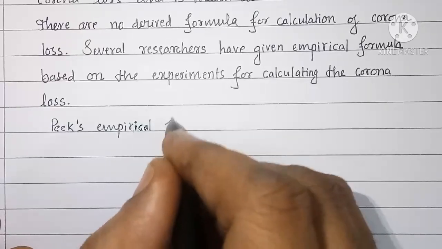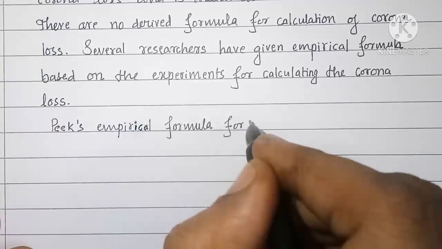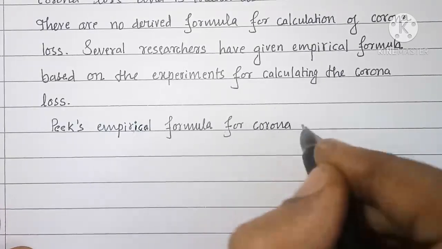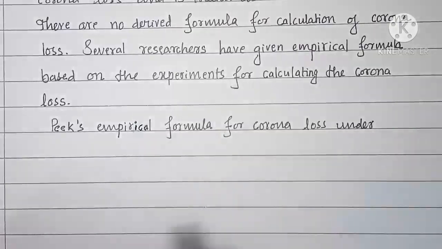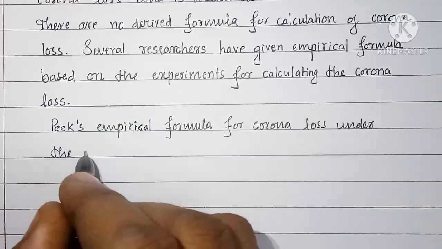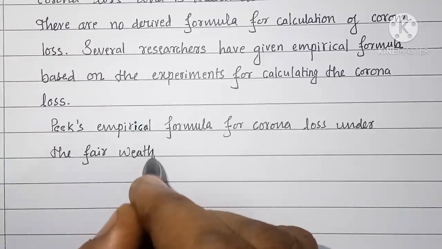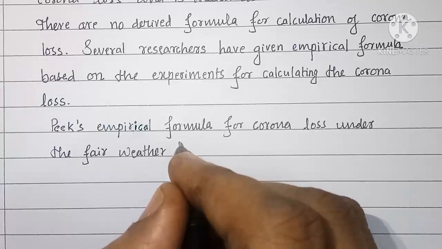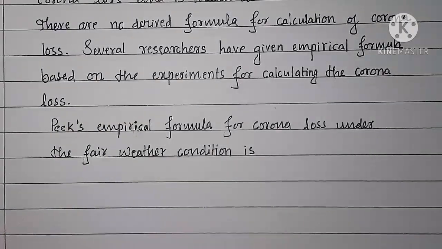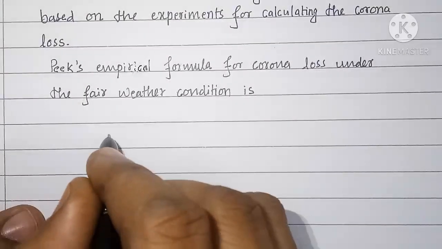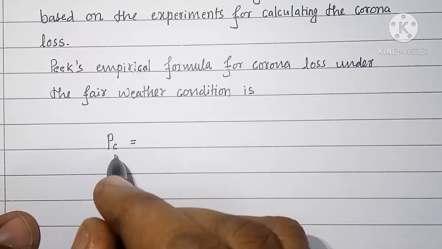Peake's empirical formula for corona loss under the fair weather condition is Pc equal to, P stands for power, C for corona.